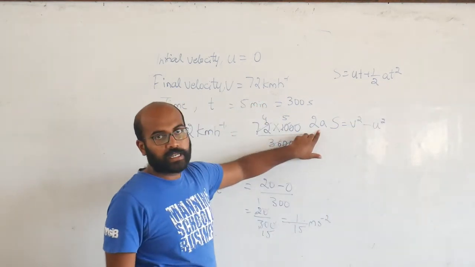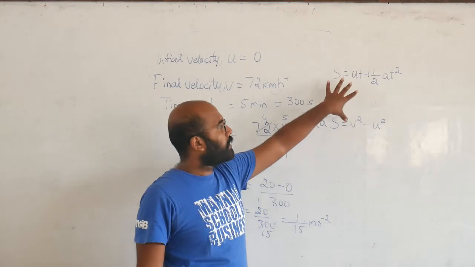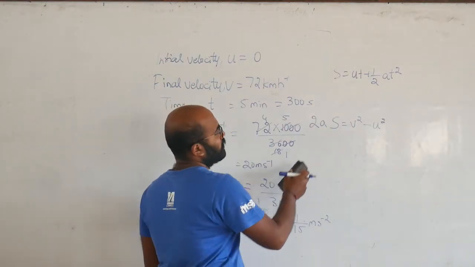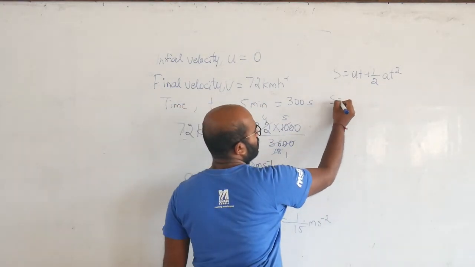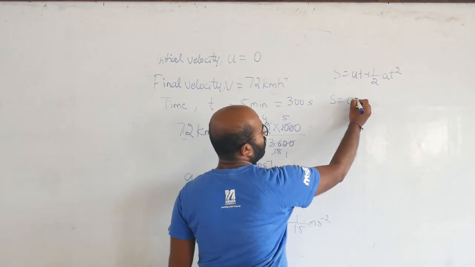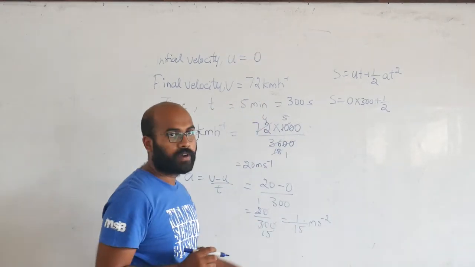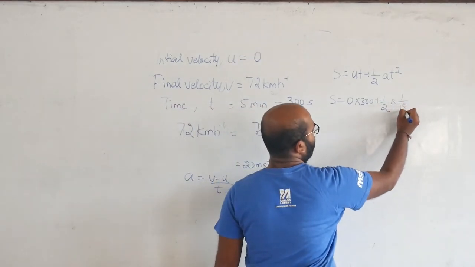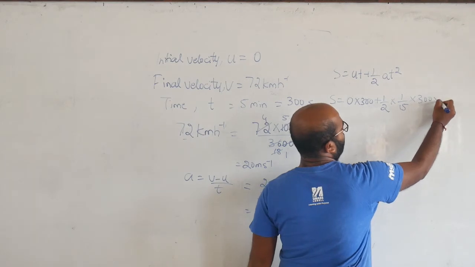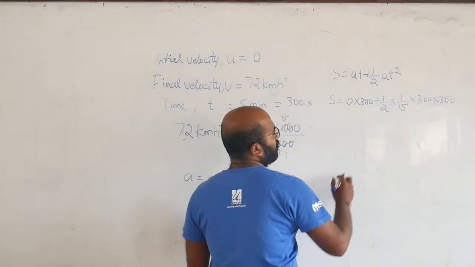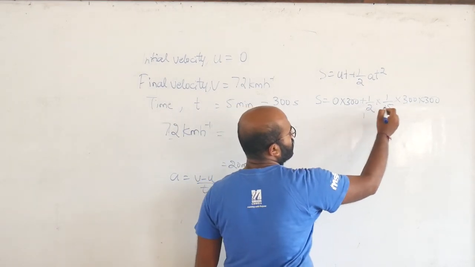Here you know the acceleration, you need to find s, and you know the final and initial velocity. Let me solve using both equations. First, s is equal to ut plus half at square. U is 0, time is 300, plus half into acceleration 1 by 15 into time square, that is 300 into 300.